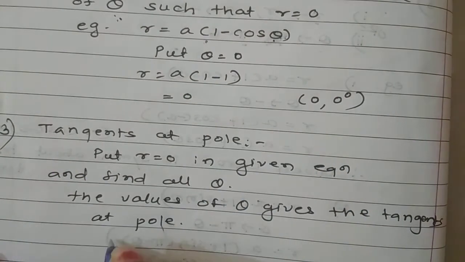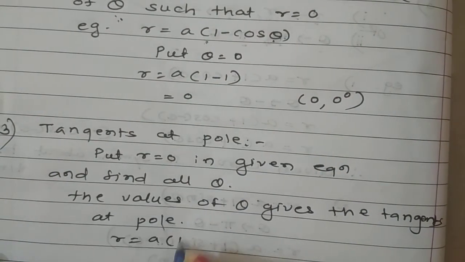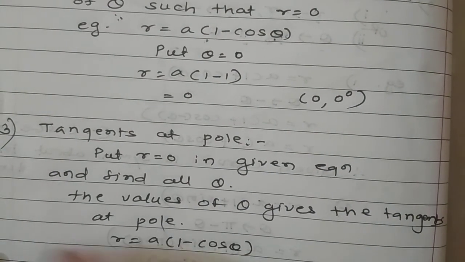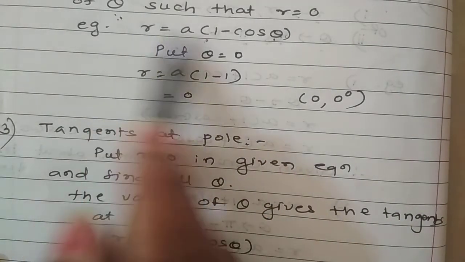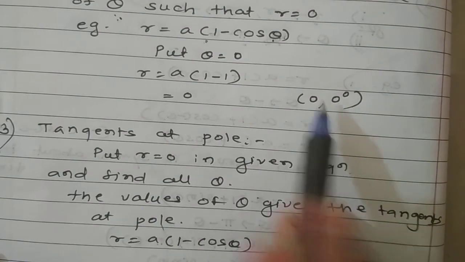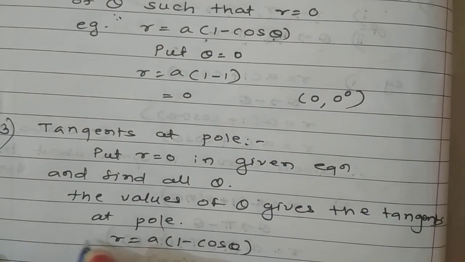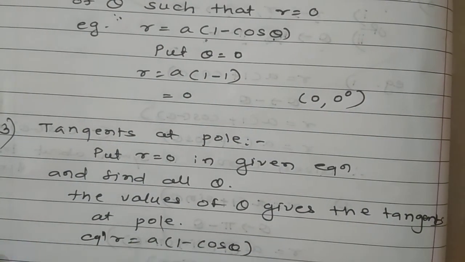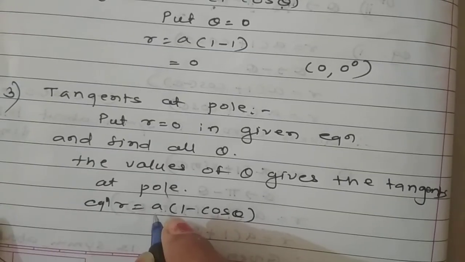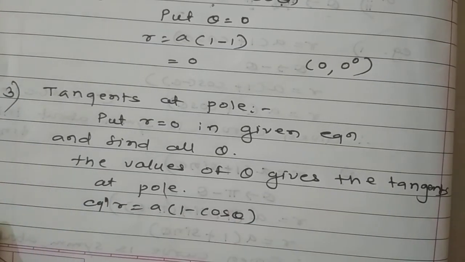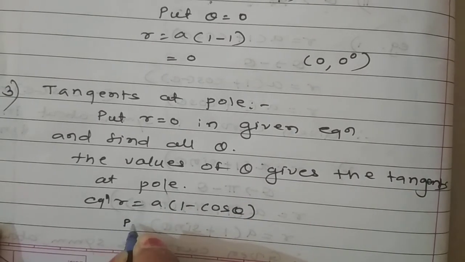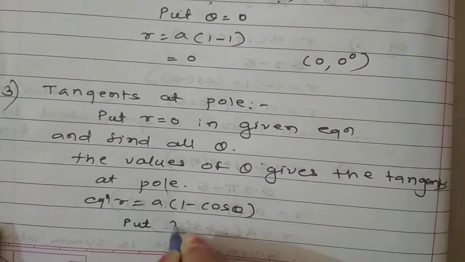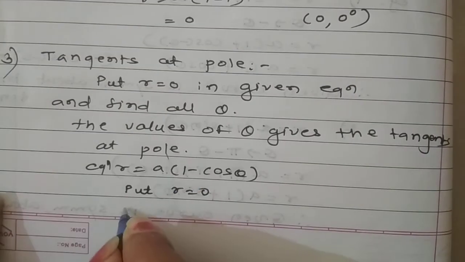We take the same example, r equal to a into 1 minus cos theta, to find tangent at pole. Above, we verified the curve is passing through pole. Therefore here we find the tangent at pole to the curve. To find it, we put r equal to 0.